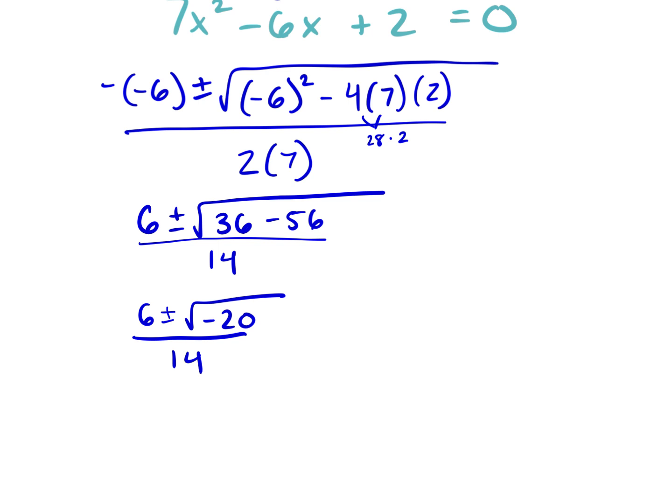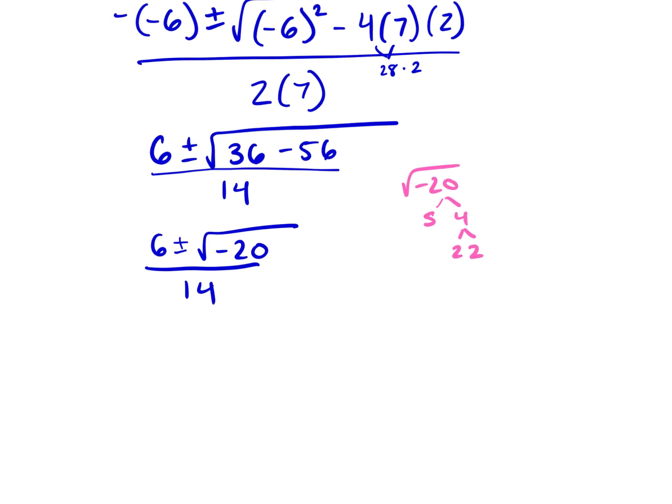Let's break down negative 20. What are two factors of 20? 4 and 5. 5 would just be 5, and two factors of 4 are 2 and 2. So what does the square root of negative 20 simplify to? Perfect. So 2i square root 5.